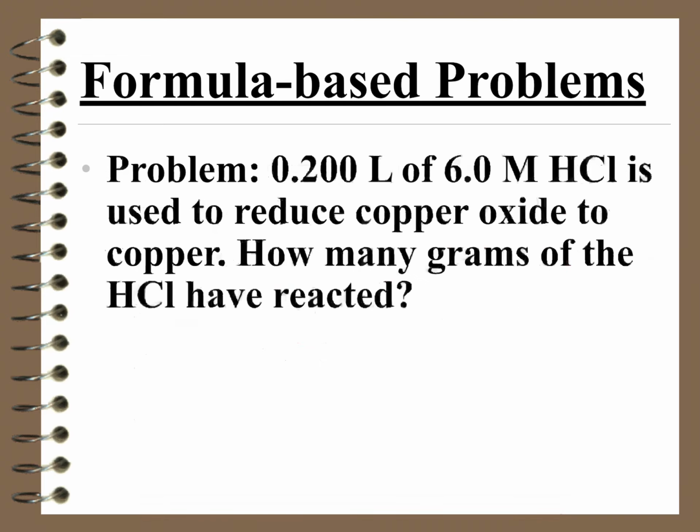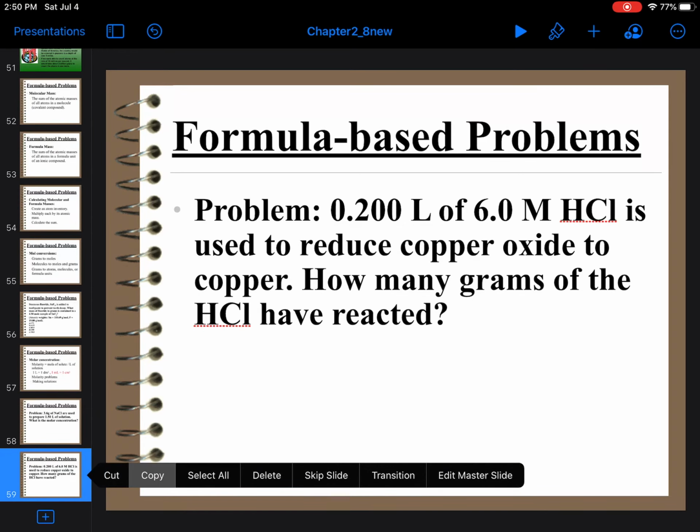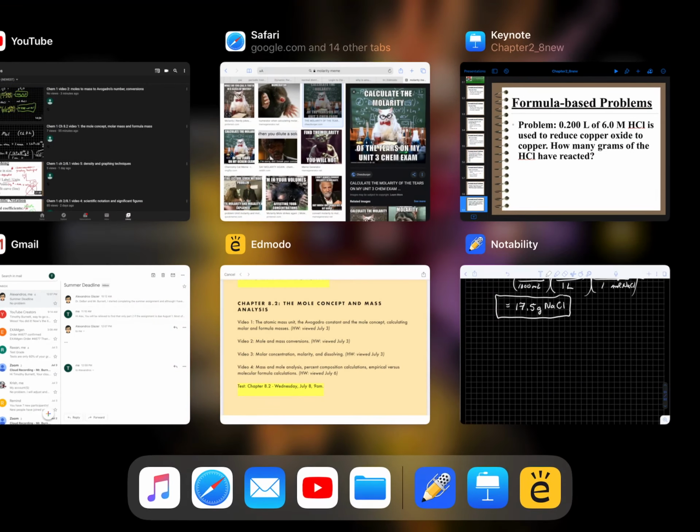Alright, so let's pull up that problem then. Alright, here we go. We have 0.200 liters of a 6 molar hydrochloric acid sample used to reduce copper oxide to copper. That's a lab we would do. How many grams of hydrochloric acid have reacted? Alright, that's a good question. Let's do it.